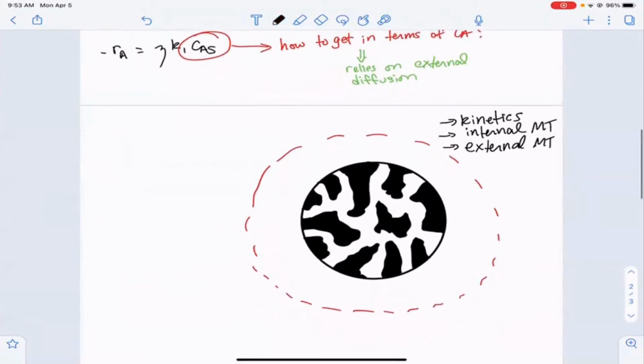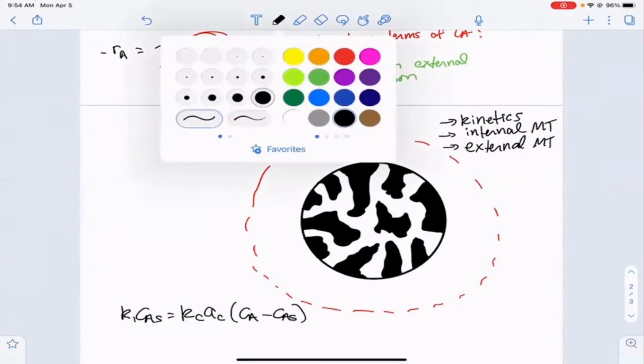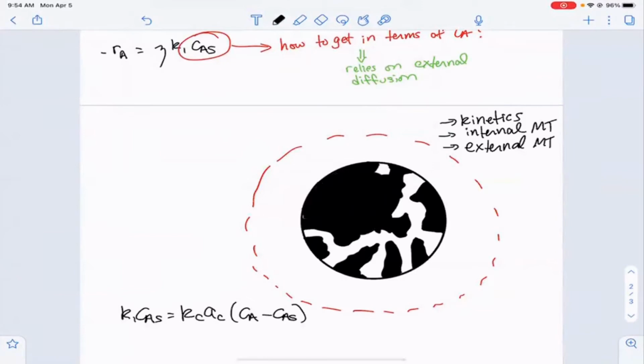And so when we talked about internal or external mass transport, we had an expression that said that the rate of the reaction, which was K1 times the concentration at the surface, equals Kc times Ac times the concentration gradient, CA minus CA at the surface. But in that case, we just had a very hard sphere. We were considering the case where our particle looked like this, that there was no internal porosity.